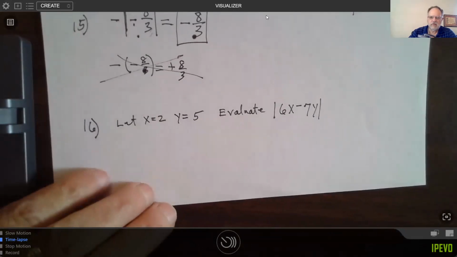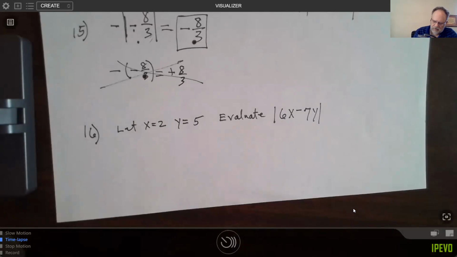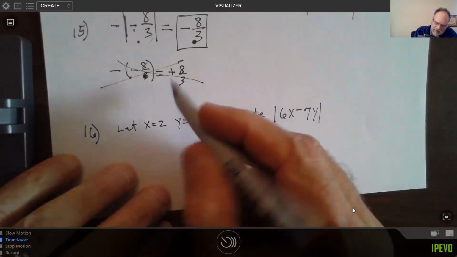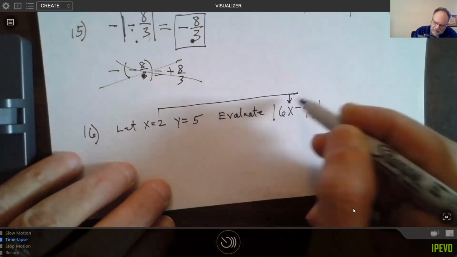Okay, so let's look at the next problem. Number 16 is let x equal 2 and y equal 5. We want to evaluate. So basically, we're going to substitute 2 in for x and 5 in for y. So let's look at our sheet again. All right, and so now this 2 is going to go in here where the x is.